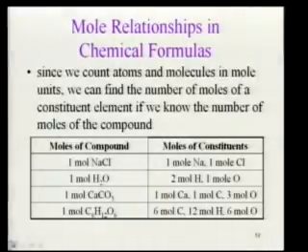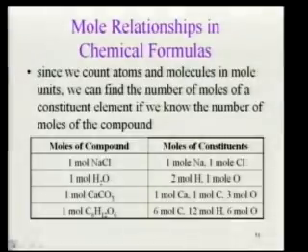Take 1 mole of sodium chloride, for example. What does that mean? That means if I have 1 mole of it and I pulled it apart into its pieces, how many sodiums would be present in 1 mole of sodium chloride? 1. It's sort of like how many sodiums would be present in 1 molecule of sodium chloride? 1, right?